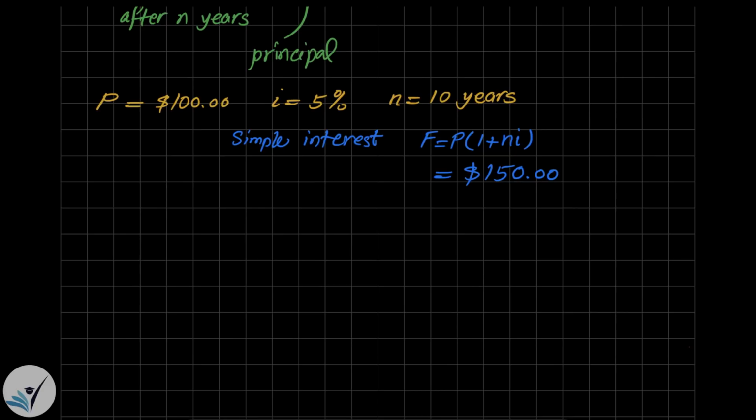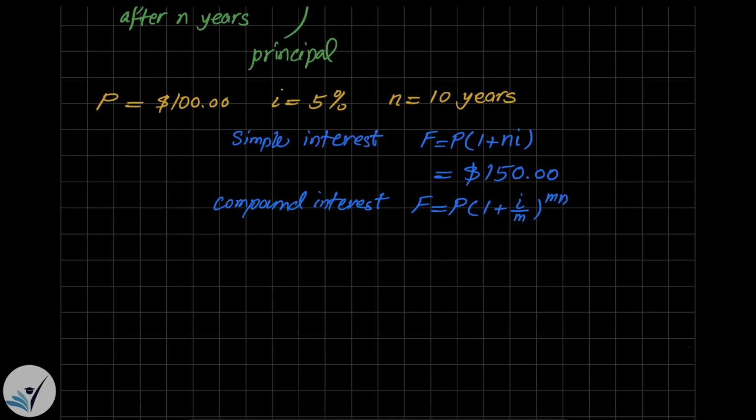In case of an account that pays compound interest, the total balance is calculated using this equation. F is equal to P times (1 + I/m)^(m·n), where m in this equation is the number of compounding periods per year.